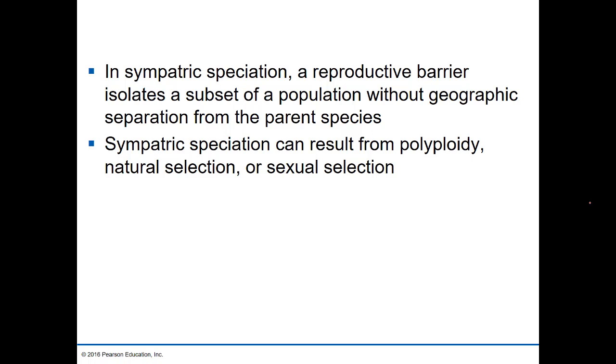Could be natural selection, like in the case of the fly maggots, feeding on different types of plants and separating themselves from one another, or it could be sexual selection. You choose a specific mate based on something that it looks like and start to only mate with those like it and produce different offspring, like in the case of the cichlids of Africa.